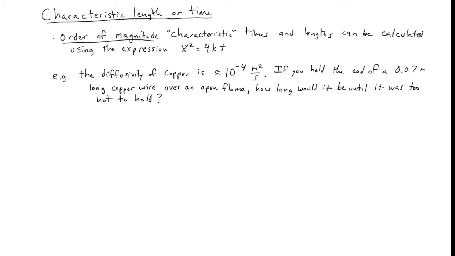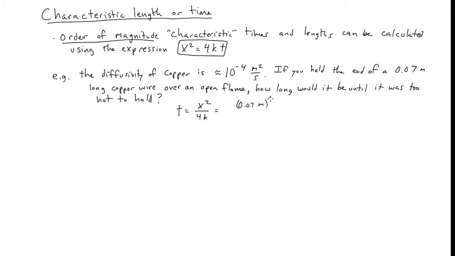That's the sort of situation where this characteristic time and length comes in. You want to just get a rough idea. And so to do that, let's just calculate it. You're solving for time, so time, in this case, is x squared over 4 times the diffusivity. We had 0.07 meters.